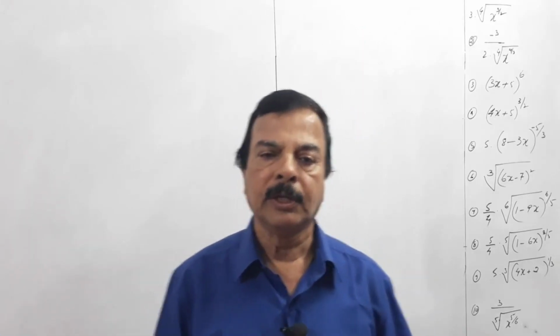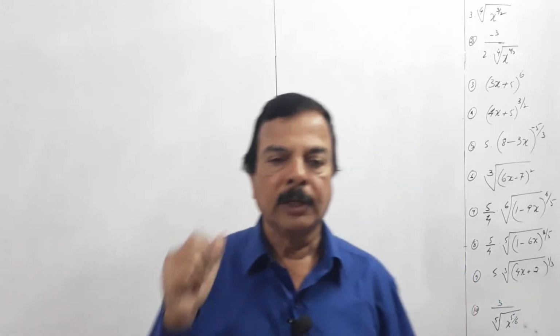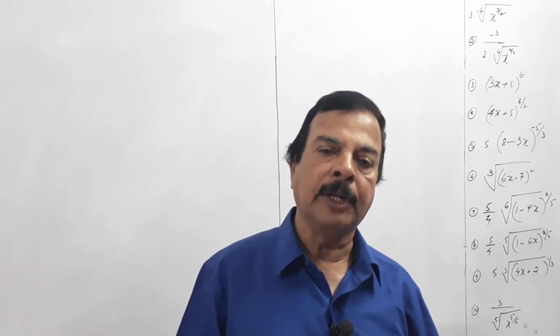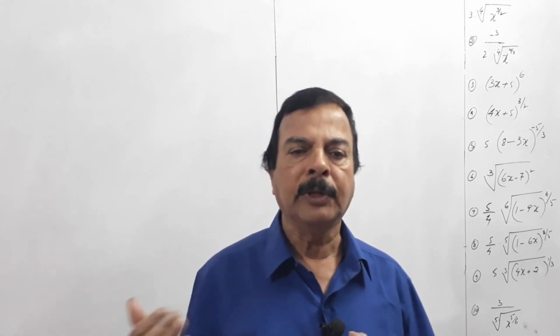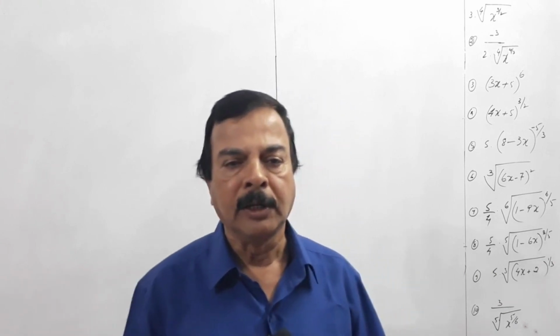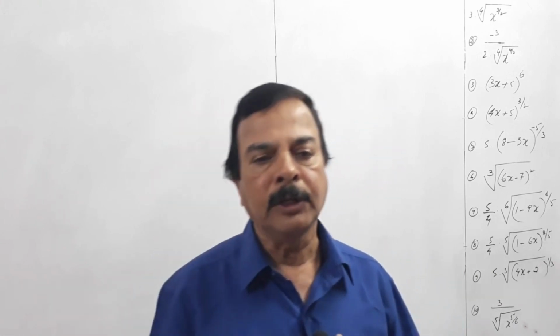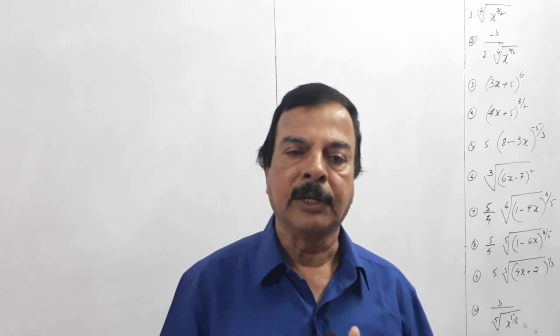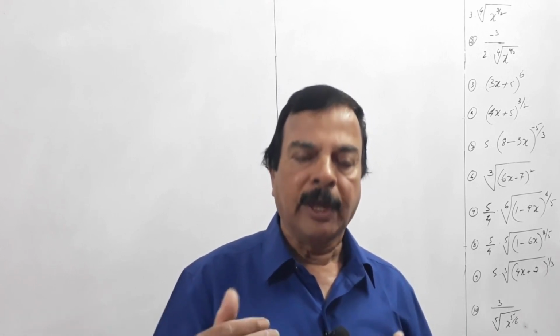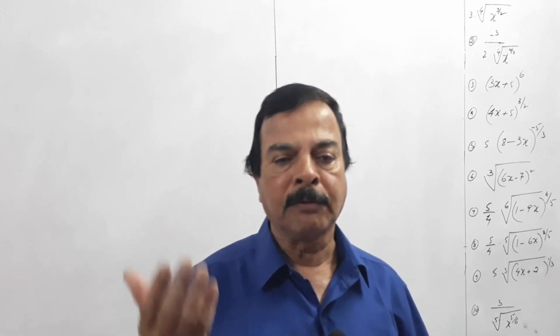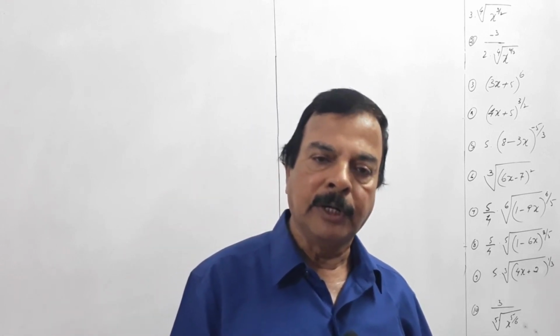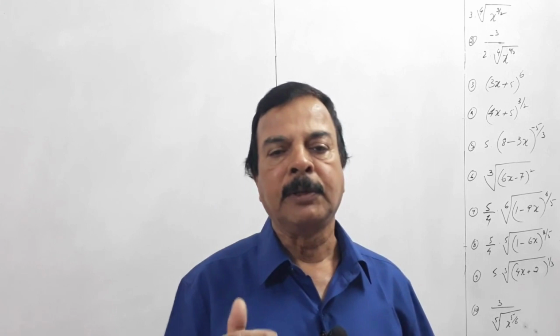Dear students, I hope you have understood these problems of type d by dx of 1 by x to the power of n. More or less they are similar to d by dx of x to the power of n. Only thing, the denominator will be moving to the numerator with a negative sign. Likewise we have another type, that is d by dx of (ax plus b) to the power of n, and d by dx of 1 by (ax plus b) to the power of n.